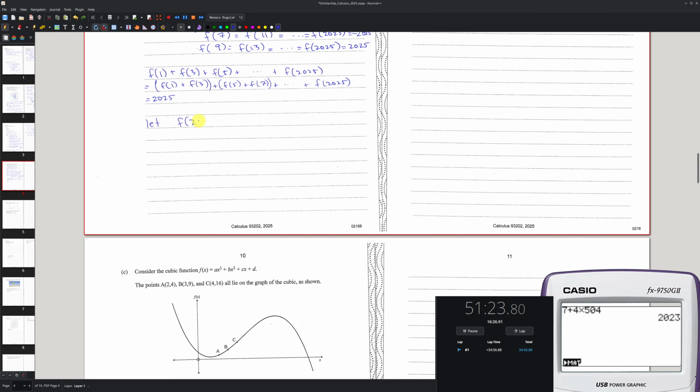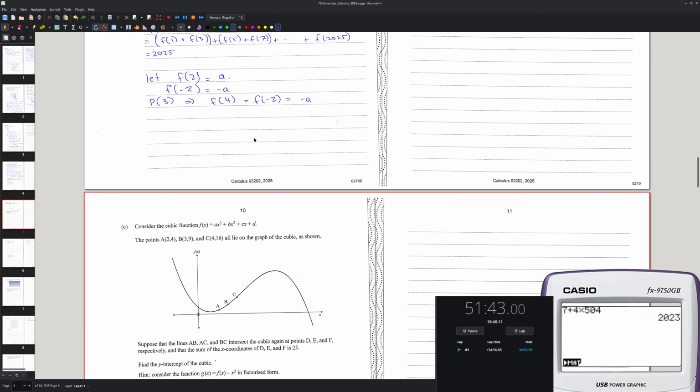So let f of 2 equal a. Okay, then f of -2 equals minus a, but by p of 3 it implies that f of 4 equals f of -2 equals minus a as well. Okay, I see how this works.